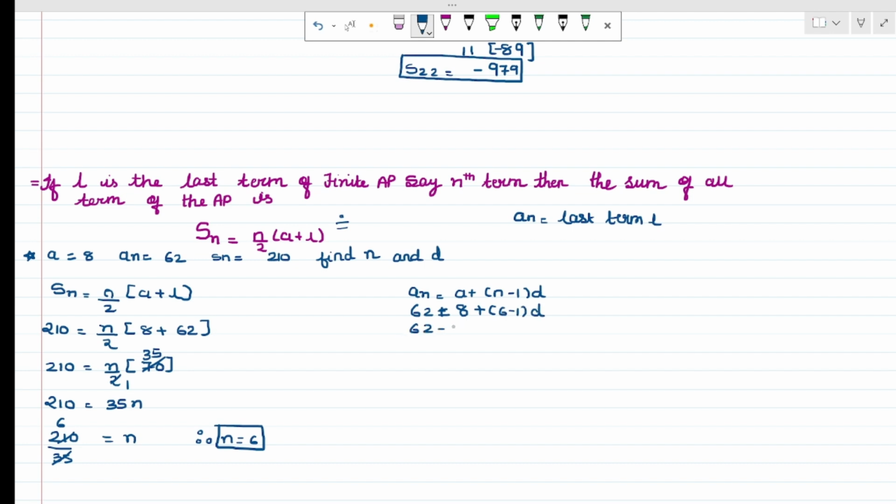So 62 minus 8 equals 5d. 62 minus 8 is 54, which is equal to 5d. That means 54 upon 5 equals d. 10.8 will be your d, the common difference.